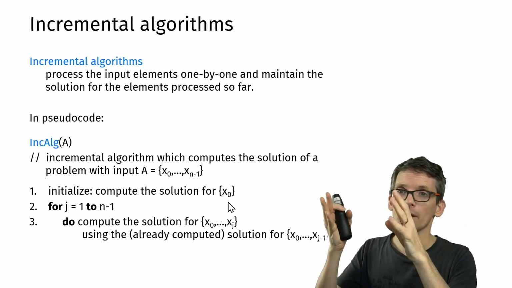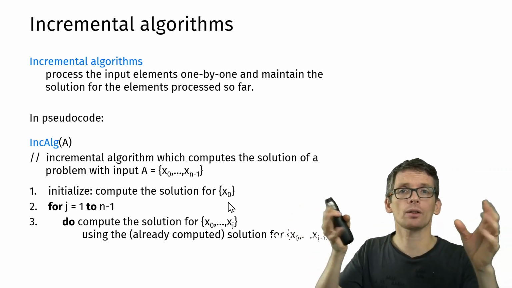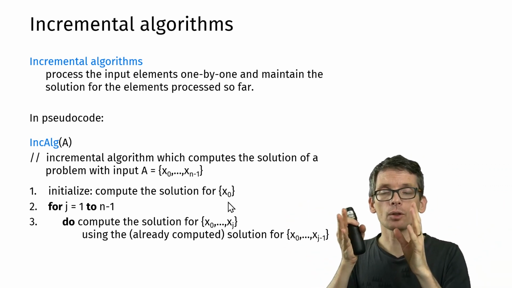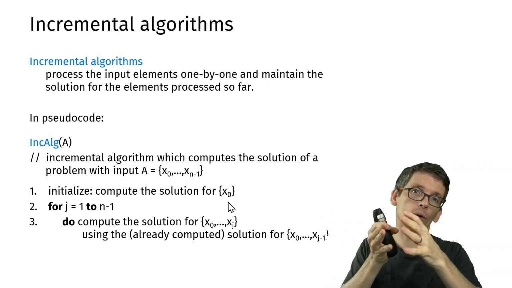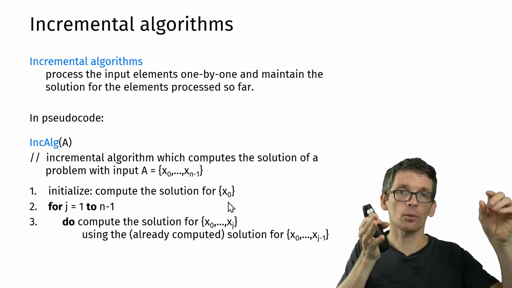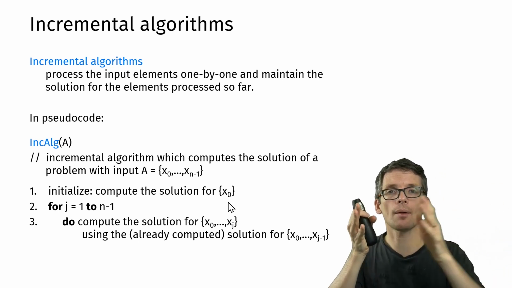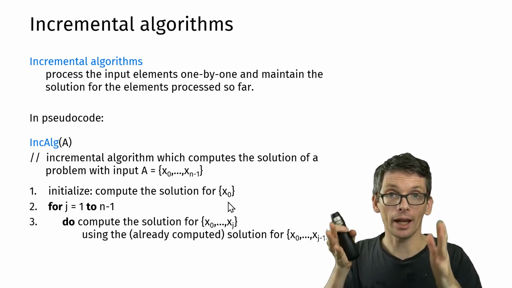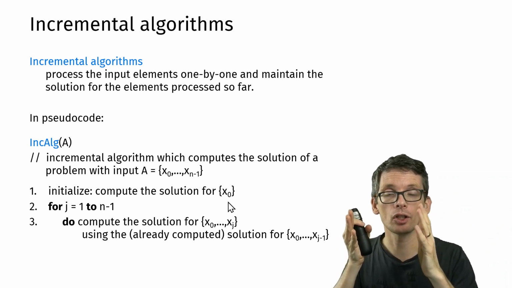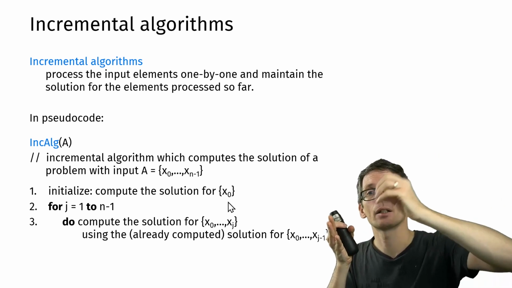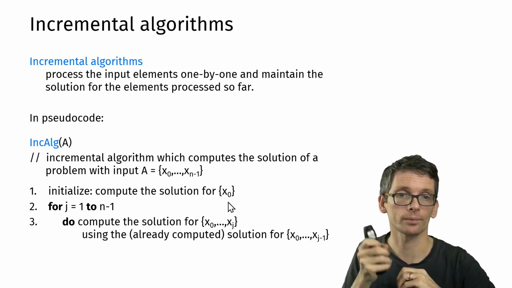So I have elements from x0 to x n minus 1. Then I would initialize the algorithm by computing the solution for x0. And then for all remaining elements, I compute the solution up to xj by taking the solution up to xj minus 1 and inserting xj into that solution.